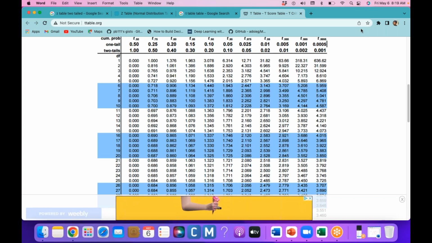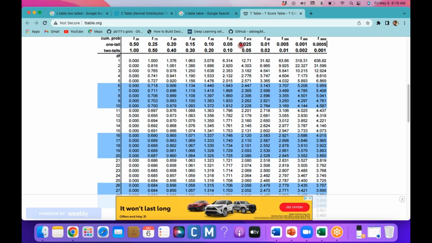See, if you are changing the alpha value to alpha by 2, then the two tail is converting to one tail. So we are considering a single tail. If you are considering the single tail, then it's 0.05. But by default, this table is mentioning the two tail, right?